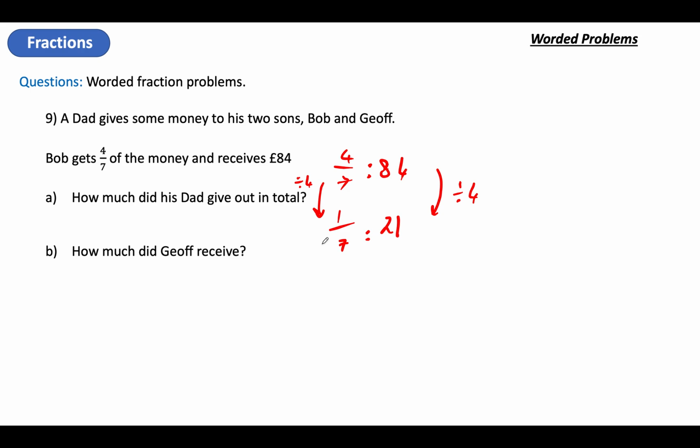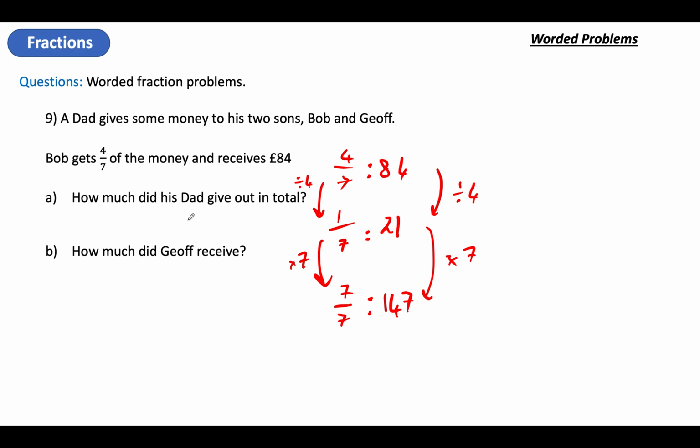Then I can find out what the total was. I can find out the 7/7, because that would be all of it, all 7 of them, times by 7. Well, 21 times by 7 is 147, apparently.